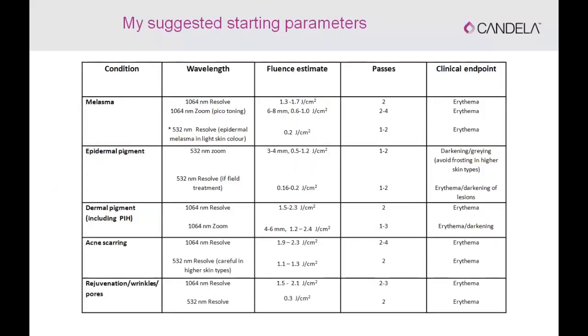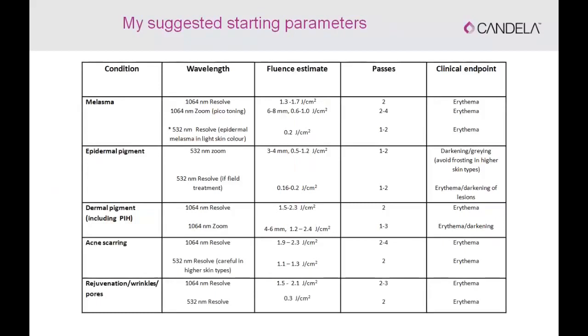If we move on to epidermal pigmentation, as I mentioned, it requires the 532 nanometer wavelength, and for that I use the Zoom handpiece with these spot sizes, and I start with the lower fluence that would give me the clinical endpoints. But you can see there is a wide range of starting fluence, and again, that depends on the concentration of the chromophore and the background skin type.